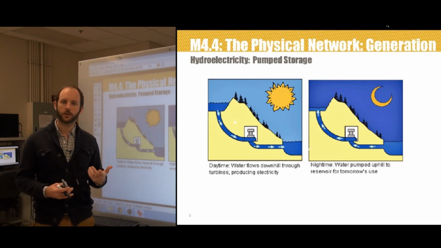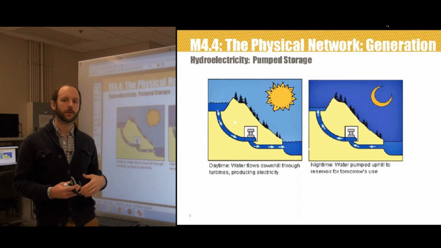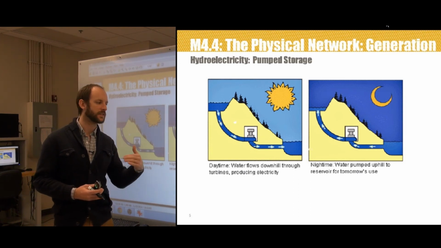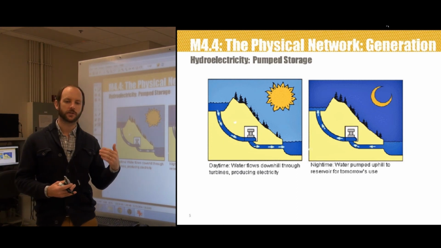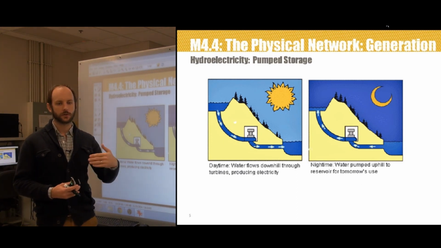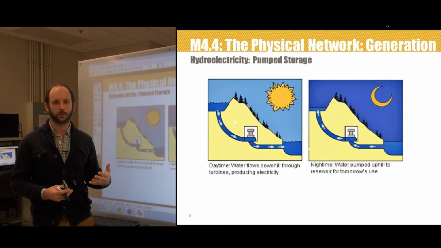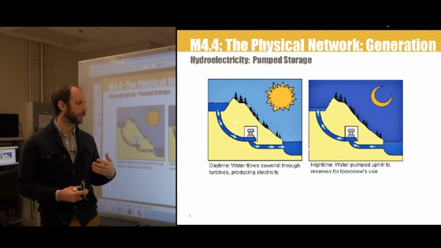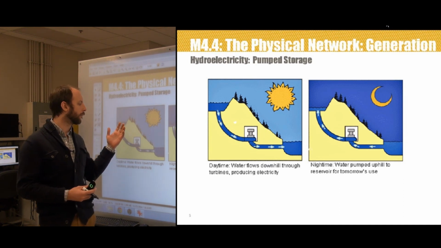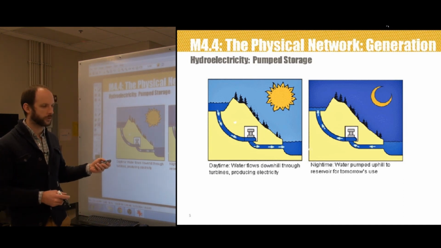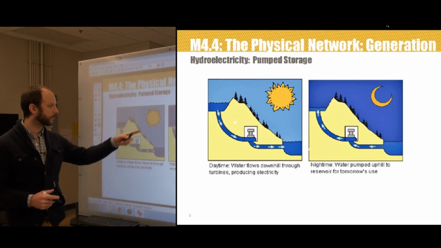Therefore, the utility of a pumped hydro facility is the ability to store energy for use when it's needed. It results in a net loss of about 33% energy, but it allows us to produce electricity from fossil fuel sources or baseload plants at low peak or low volume electricity consumption times, and then store it for production of electricity at later times when we need it, like during the day.